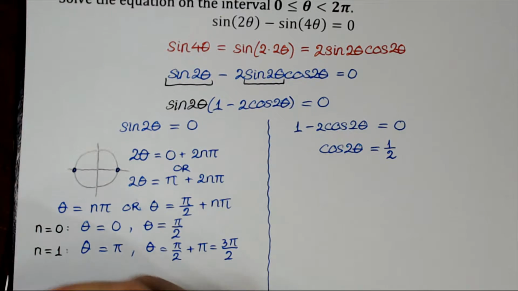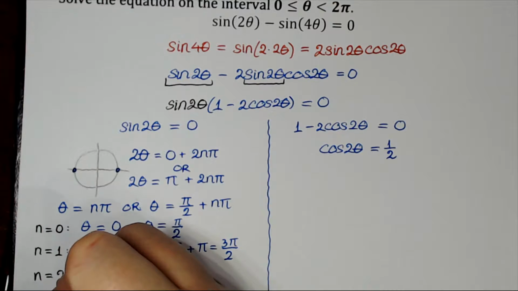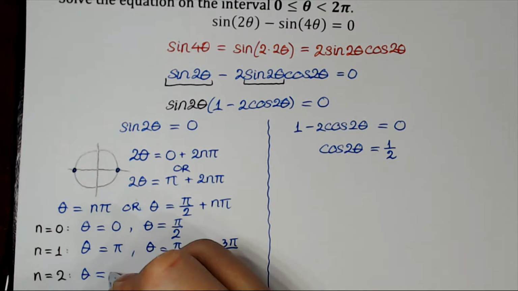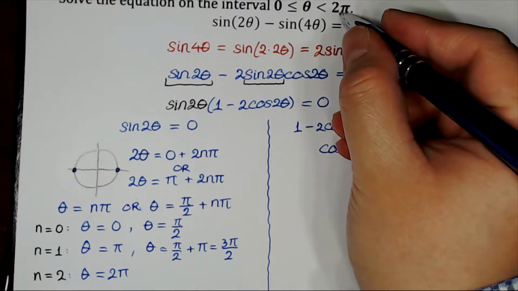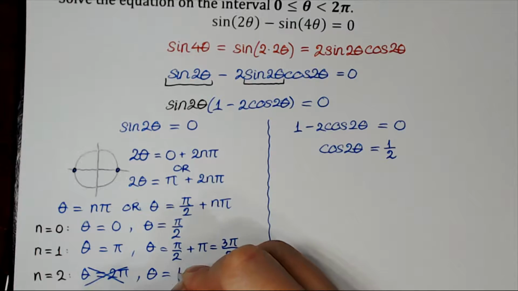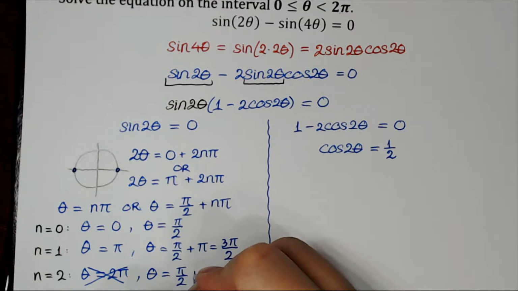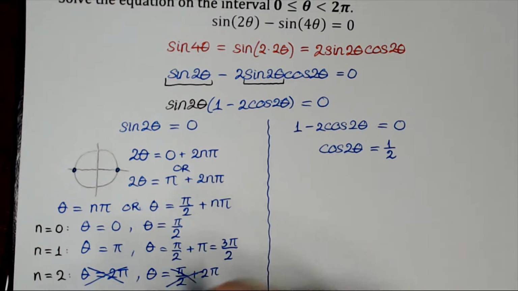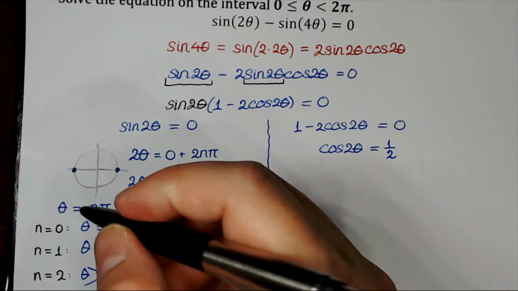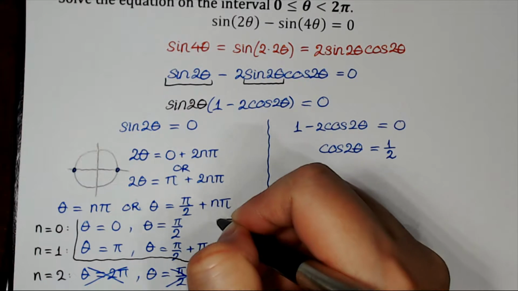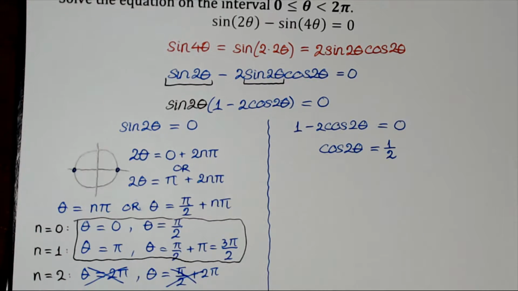Then if we choose n equal to 2, that will give us 2 pi which is not in that domain, so that doesn't work. And then that plus 2 pi is also bigger than 2 pi, so that doesn't work. So those are all the solutions we have for that part. There are 4 of them on this side.